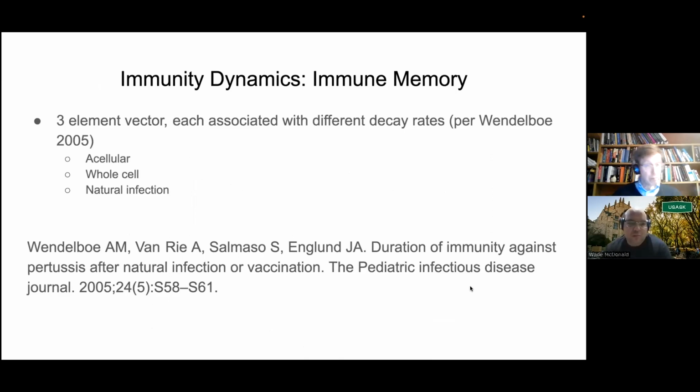Immune memory was considered, which was represented by a 3-element vector, each associated with different decay rates based on the source of the immunity, be it acellular vaccine, whole cell vaccine, or natural infection.